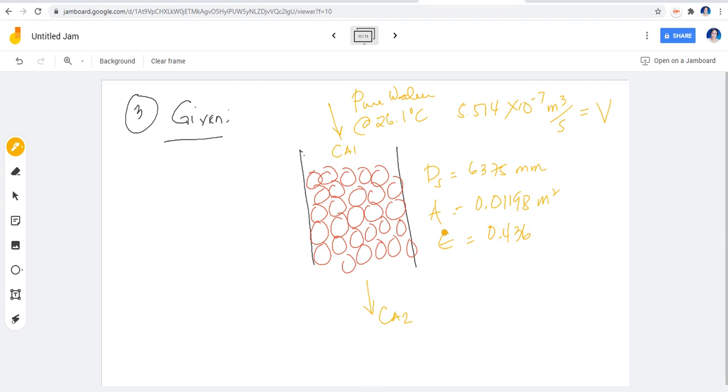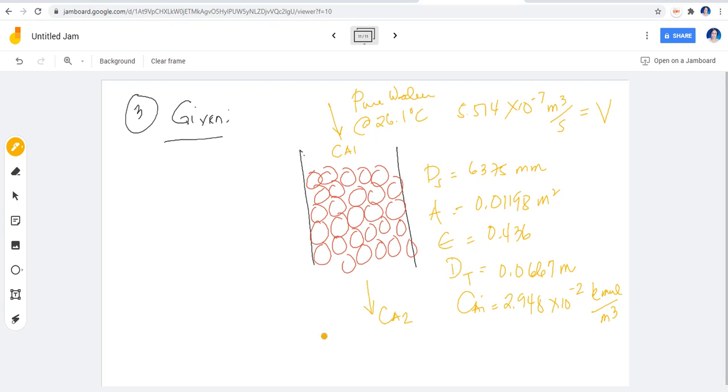Now, as to the diameter of the tower, I'd like to label it as D sub T, the diameter of the tower. That would be 0.0667 meters. And we have the concentration at the interface of benzoic acid that refers to the solubility of benzoic acid in water. That would be 2.948 times 10 raised to negative 2 kilomole per cubic meter.